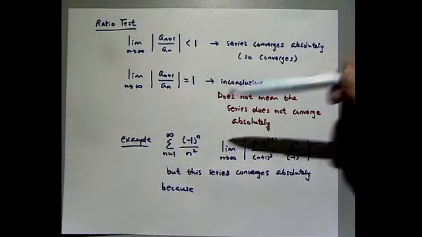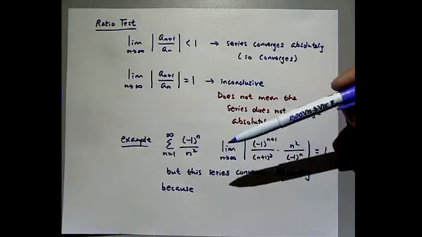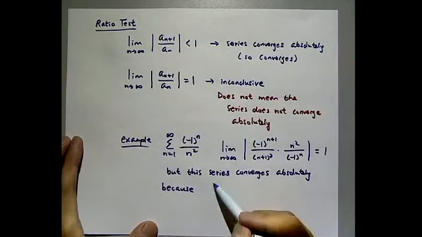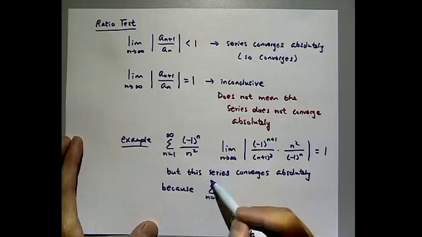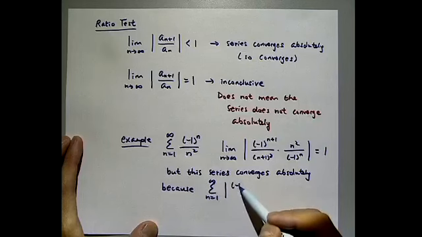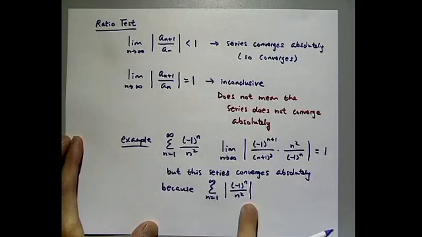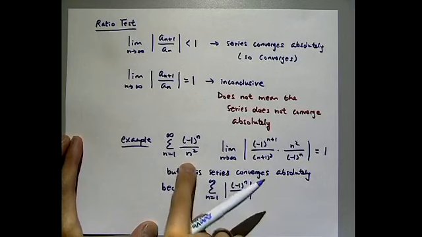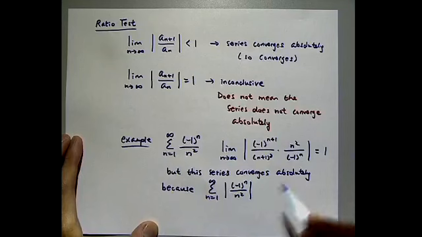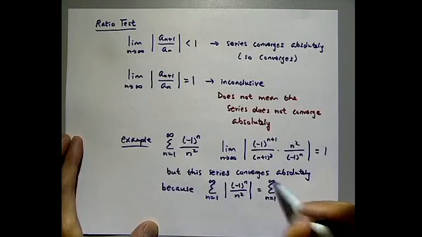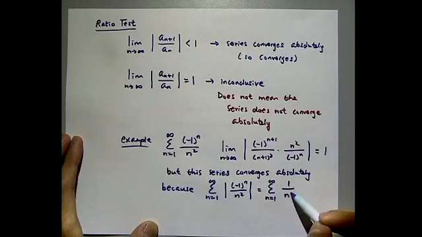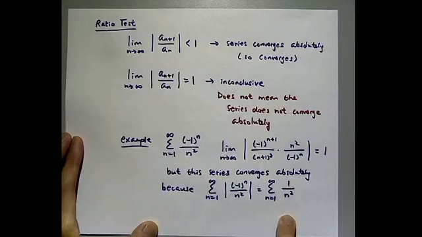But that series right here still converges absolutely, because if I take the absolute value of every term, which is what absolute convergence means, then I get a good old convergent P series.